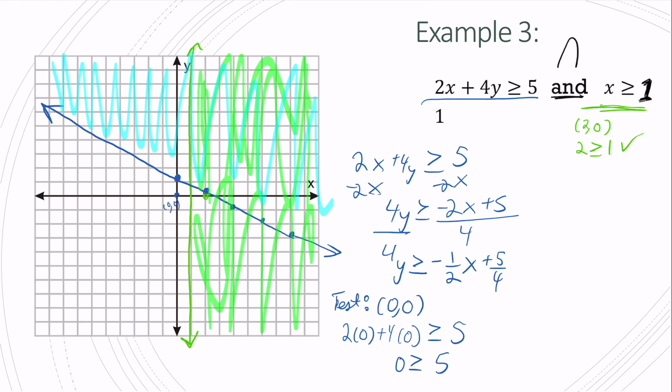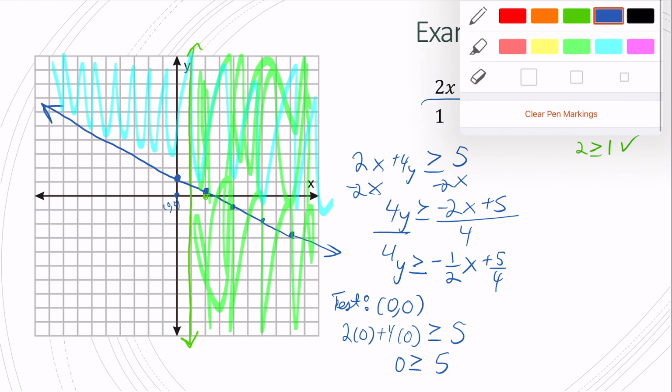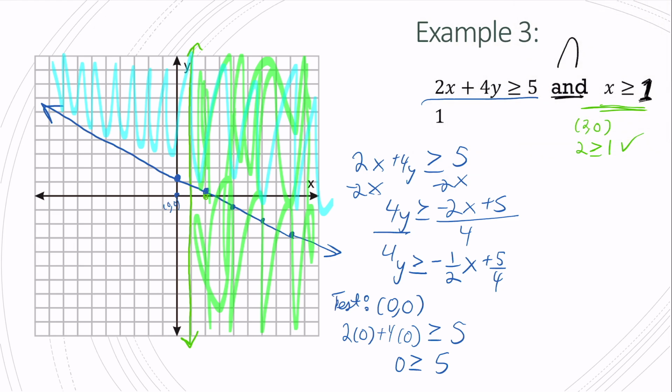Now, I'm looking for where these overlap. So that's going to be everything that's both green and turquoise together. So one option is I could erase very carefully what's not in my solution, right? That's one option.